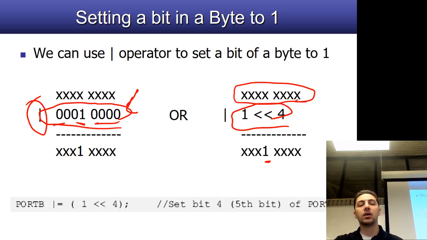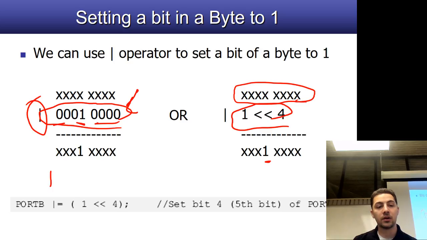All right. Putting that all together in the C language, we can do some cutesy things. So this symbol right here is not a backwards flat face. It's not an emoticon. It is or equals.